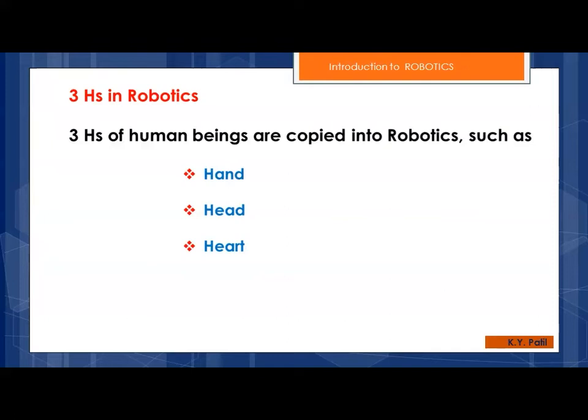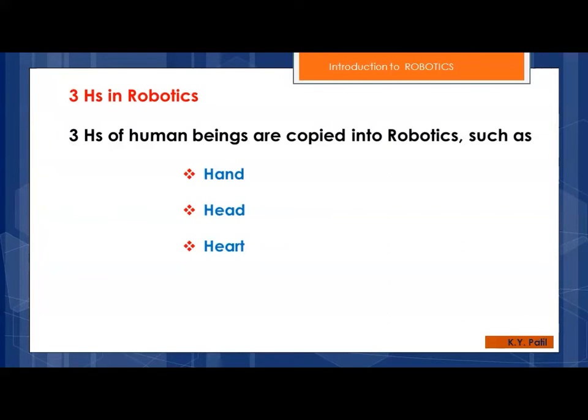We try to copy the head of a human being, that is the intelligence. And we also try to copy the heart of a human being, but not the mechanical heart, but the emotions of a human being. This is why in the future the robot will be intelligent and at the same time emotional too.